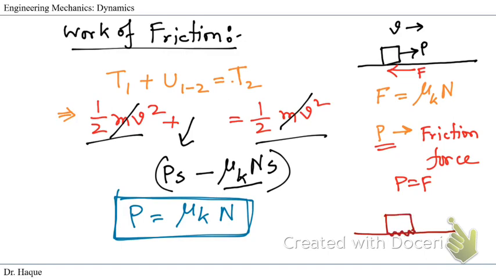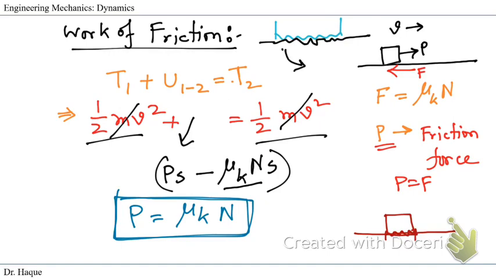If we see it at a micro level, we can draw this contact surface like so: the lower surface of the box, and the contact surface of the sliding path, which is rough. So this is the contact surface, and there is going to be heat generation.